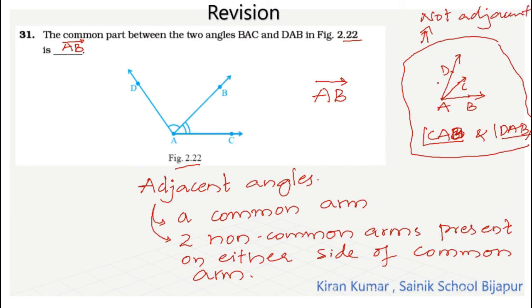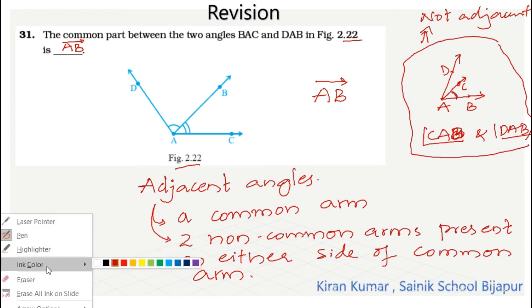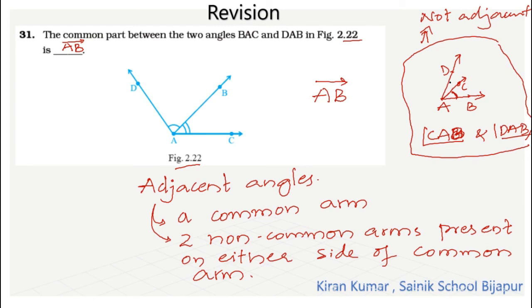The reason is, though it is having a common arm, the non-common arms are not present. There are these two angles I marked. One of the angle I'll mark with the same ink, another angle I'll mark with a different ink. So there is a non-common arm, that is ray AD. This is only one non-common arm for both the angles. Therefore, they are not adjacent to each other.